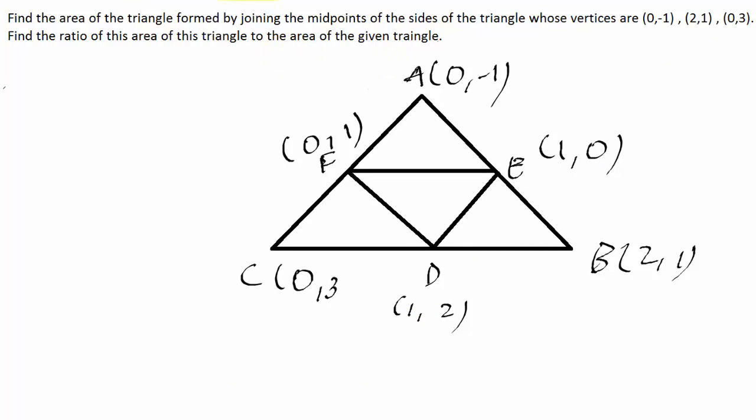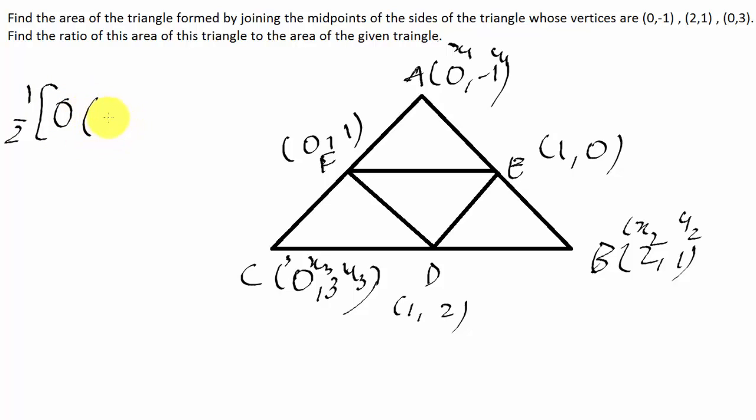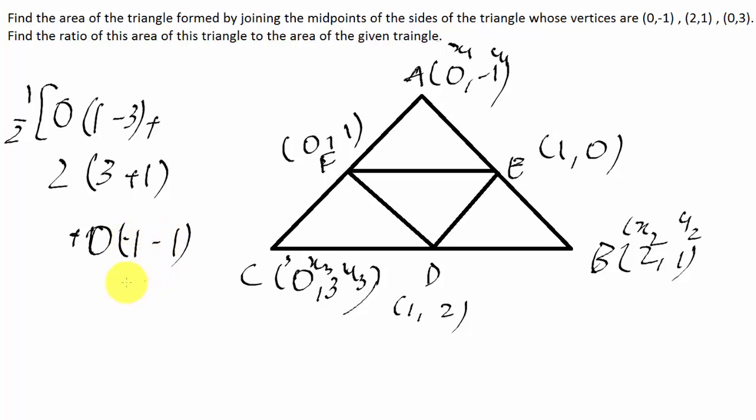Okay, now we're gonna find the area of the bigger triangle. Okay, let this be x1 y1, let this be x2 y2, let this be x3 y3. Now we can plot it as half into x1. What's your x1? 0 into (y2 minus y3), that is 1 minus 3. Doesn't matter, it's gonna get cancelled. Booyah. Okay, now x2 into (y3 minus y1), that is 3 minus y1, that is like plus 1, and then plus 0 into (1 minus 1 minus 1).